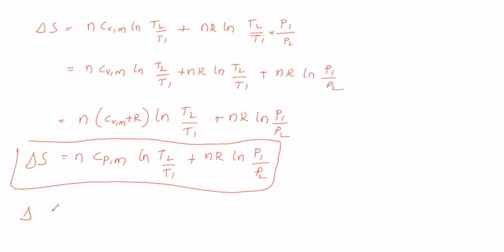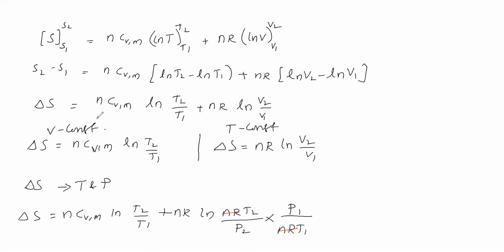Now we will see delta S in terms of temperature and volume. That formula is nCVM ln T2 by T1 plus nR ln V2 by V1.